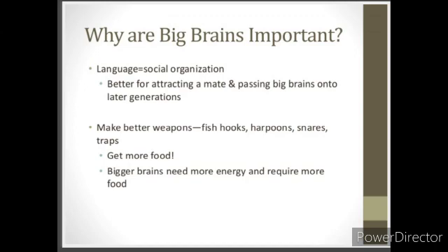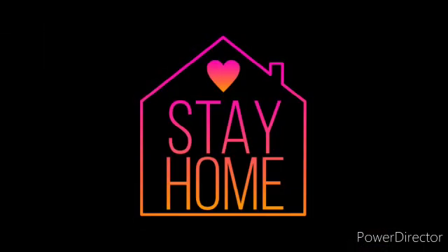A big brain makes better weapons, fish hooks, harpoons, snares, and traps, and by this they get more food. Because they had a larger brain, they needed more energy and required more food. So in this way the development was greater in this era.